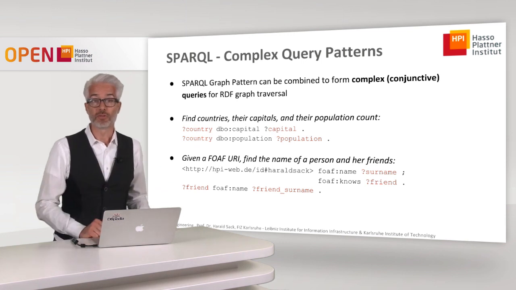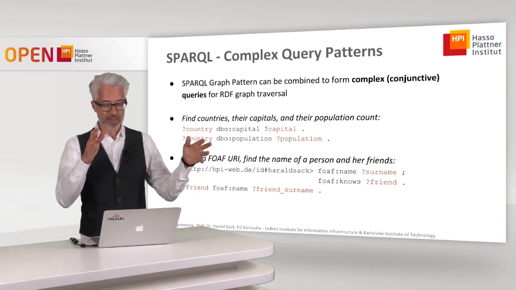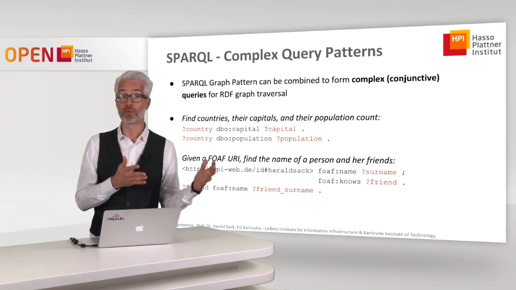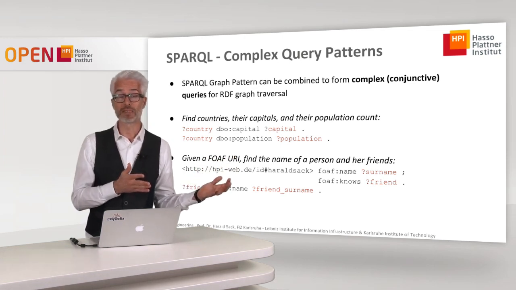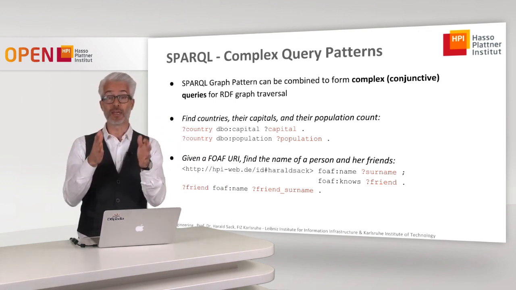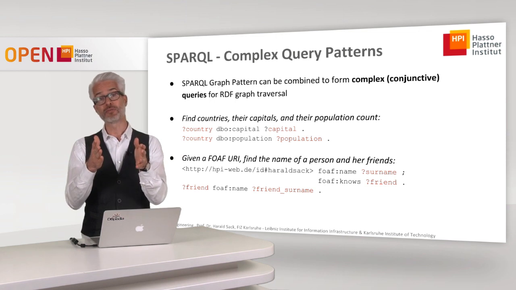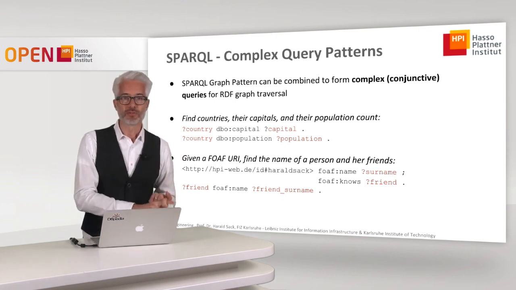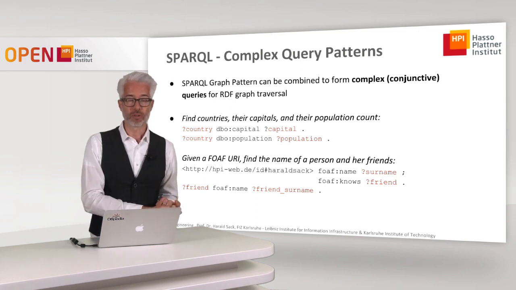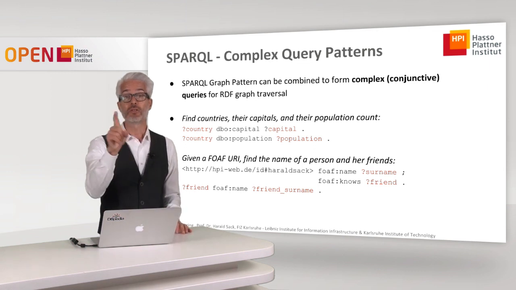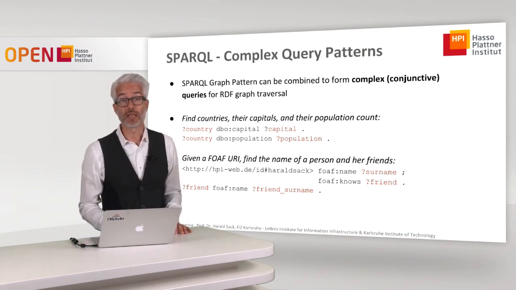And we are querying here a FOAF file, and therefore we are using as the subject the name or the FOAF URI of the person, and we want to find out the name, which means we also fix from the FOAF vocabulary the FOAF name as a property, and then the first variable would be the surname that we want to have. So given a FOAF URI, find the name of a person, this is the very first triple pattern, and her friends.